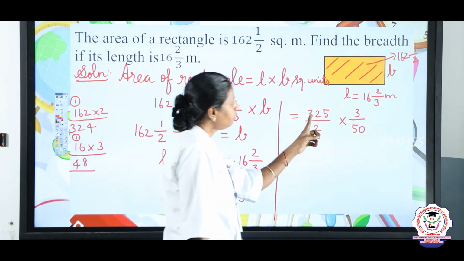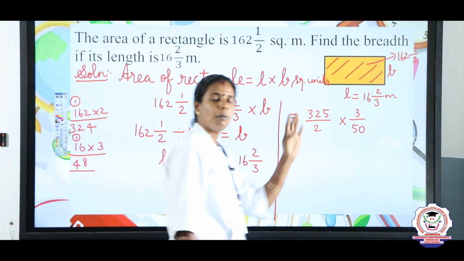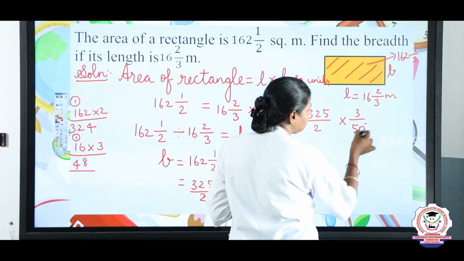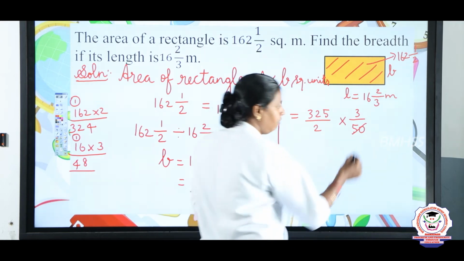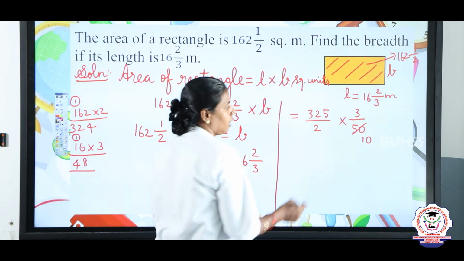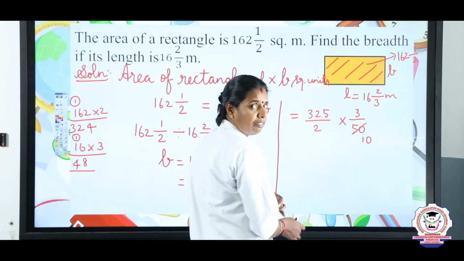See, now 325 and 50 are multiples of 5 table. In the 5 table, 5 tens are 50.